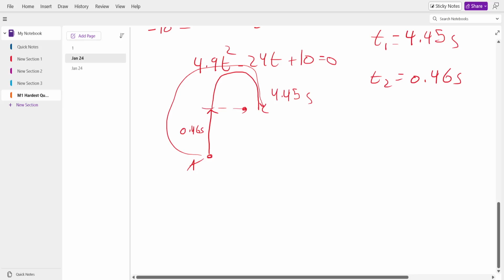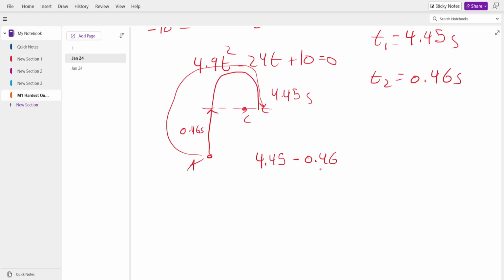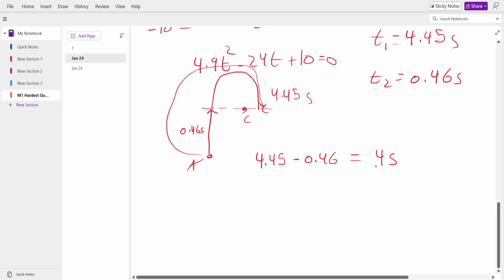If I want the time that it's above C, which is what the question wants, I will need to do 4.45 minus 0.46, which gives an answer of around 3.99, or 4 seconds above C.